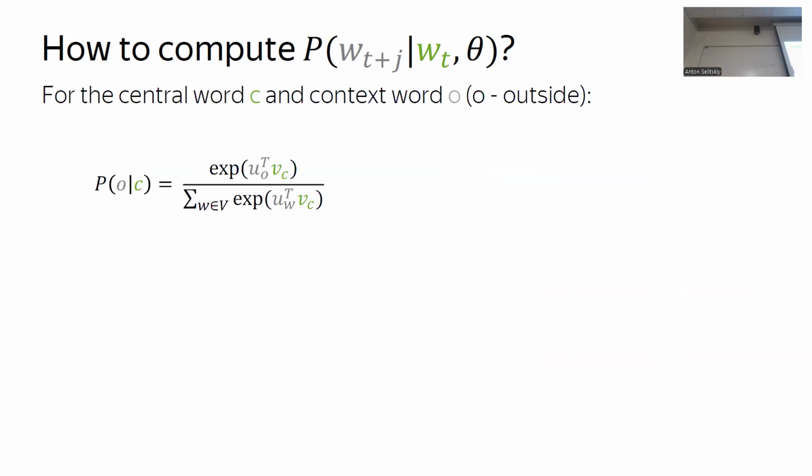And to get the probability, we apply softmax. And softmax will normalize this numerator by the sum over all words in our dictionary, so over the entire dictionary of size V.